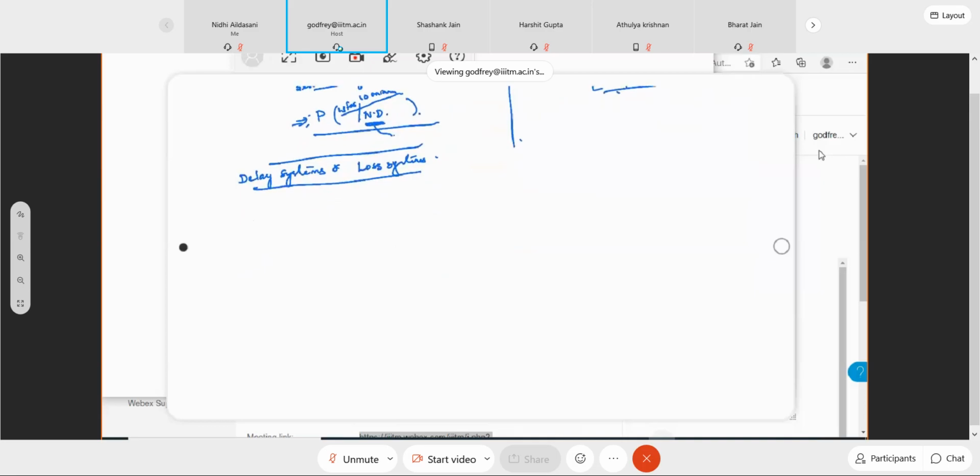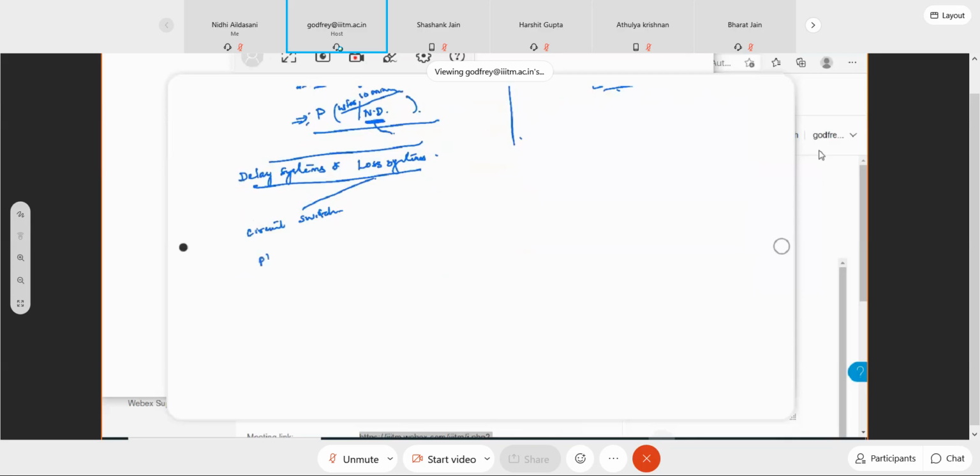Basically, you have the circuit switched network, which is the loss system, and the other is the packet switched network, which is the delay system.